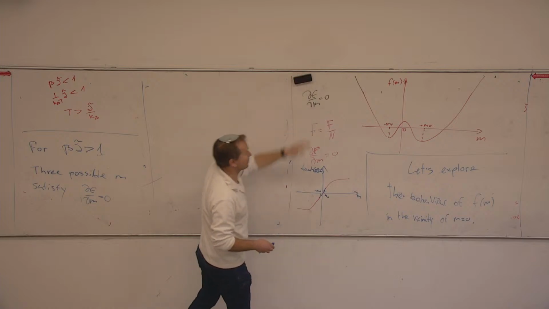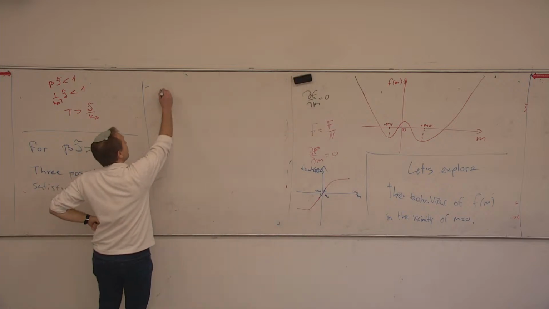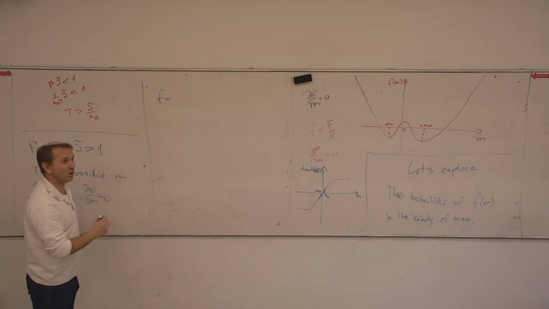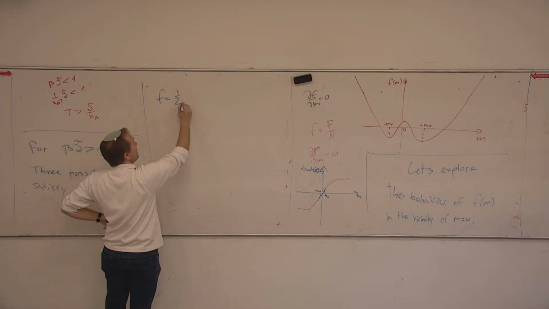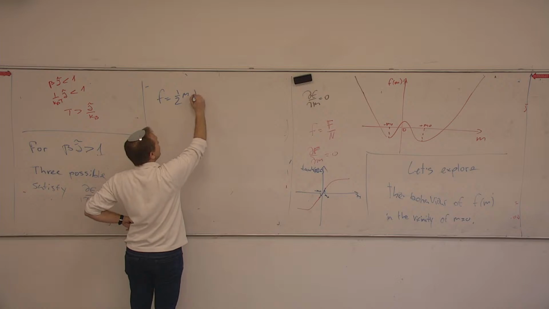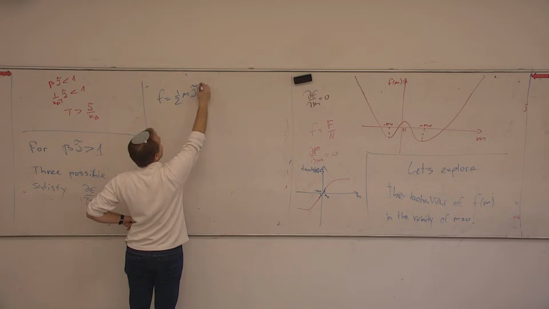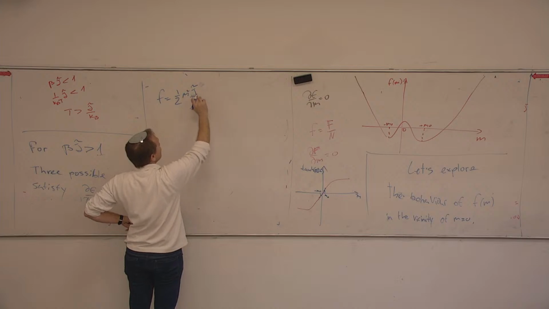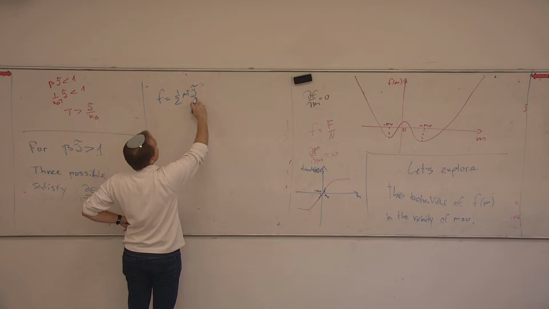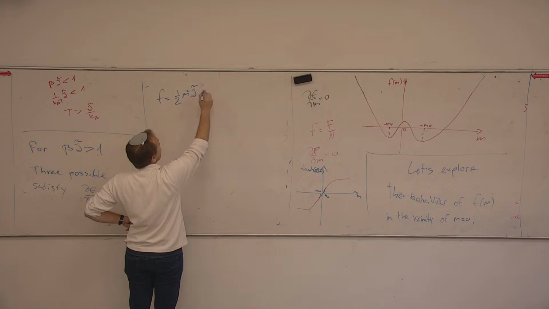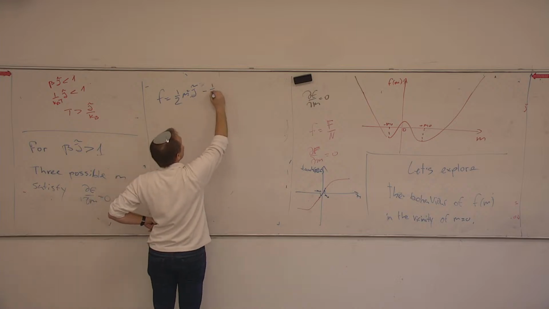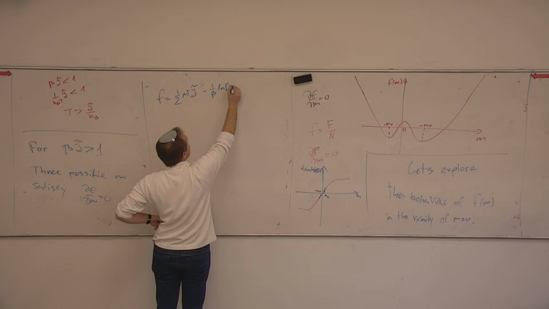Okay, so what was f? f was 1/2 M squared j tilde. The M was squared, j tilde wasn't. Here I have minus 1 over beta log of 2.